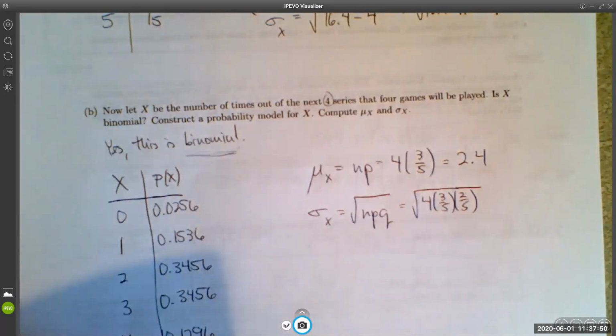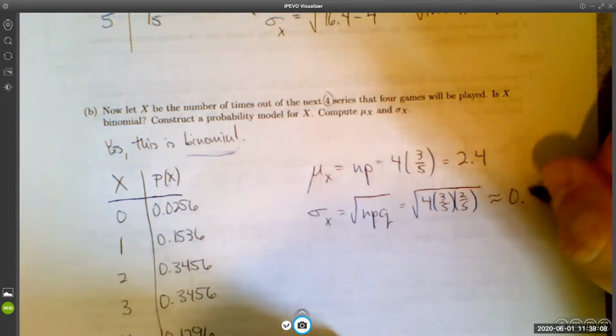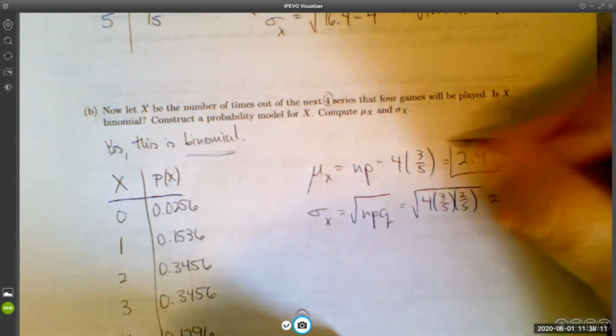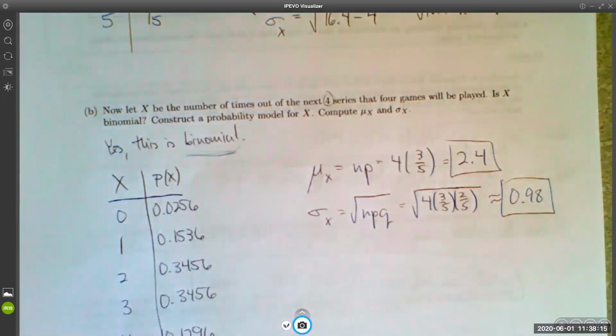So we're going to have the square root of 4 times 3/5 times 2/5, and that comes out to about 0.98. Okay, and that's it. That's all there is to it.